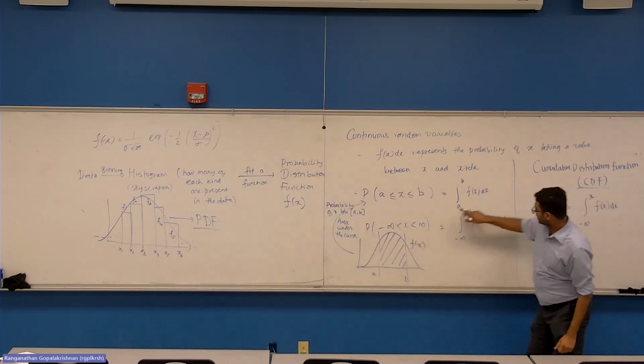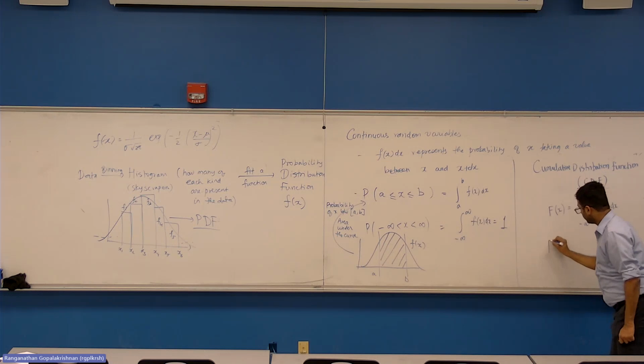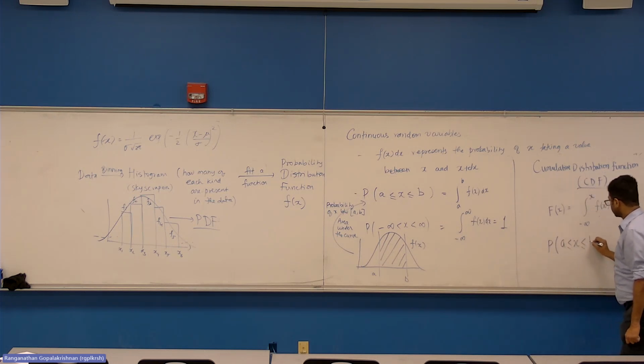If you want to write this integral, probability of a less than or equal to x less than or equal to b, can we write this as the integral from minus infinity to b of f of x dx minus the integral from minus infinity to a of f of x dx? Can we write it this way?